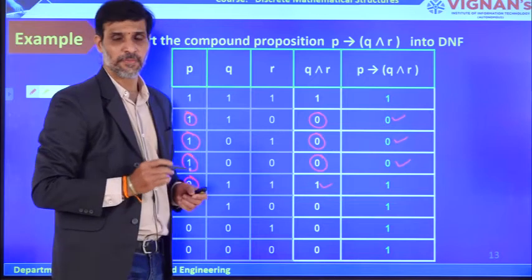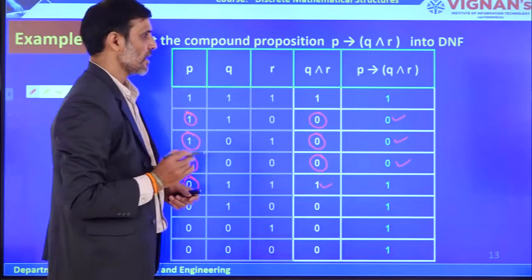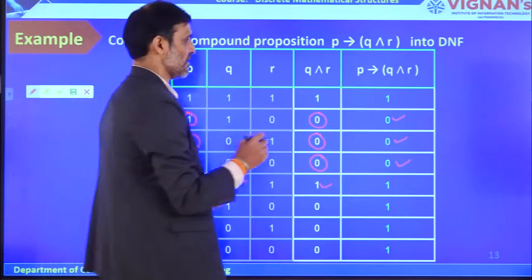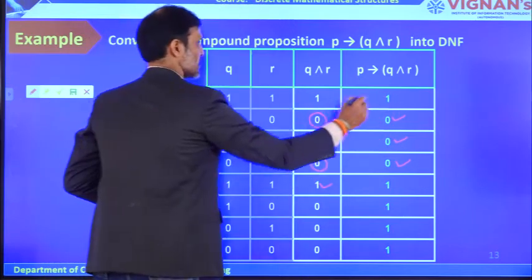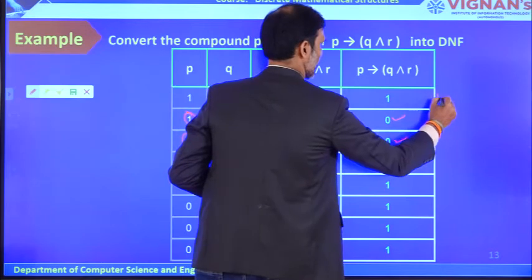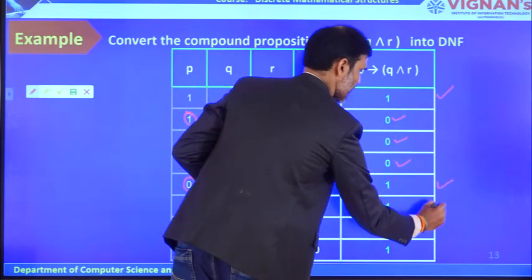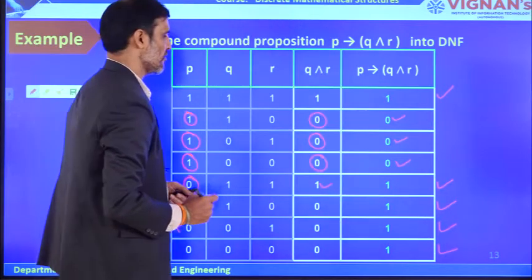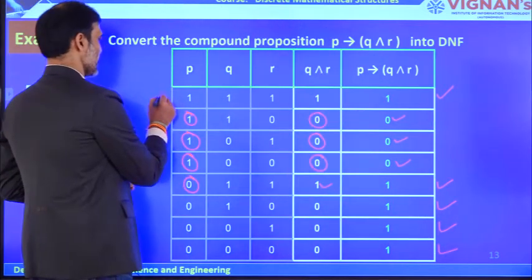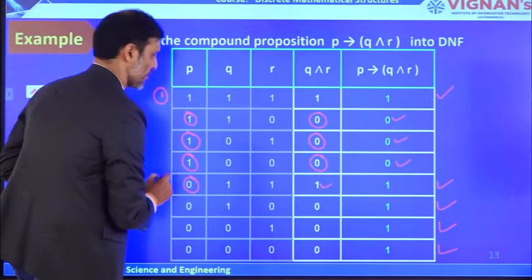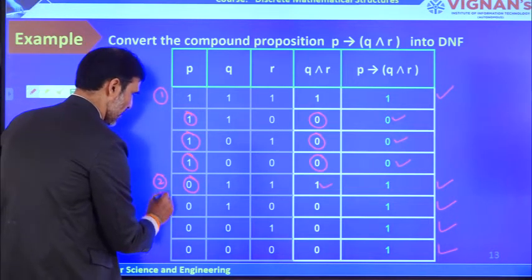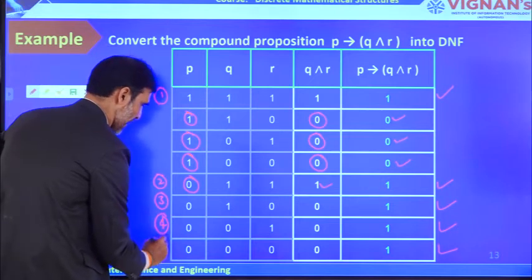Now what is the first step here? Identify the true values. This is one true value, this is another true value, and this is another. How many true values did we get here? 5 true values for 5 different assignments: 1, 2, 3, 4, and 5.